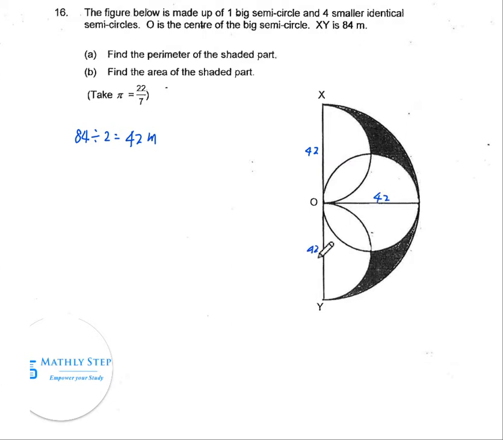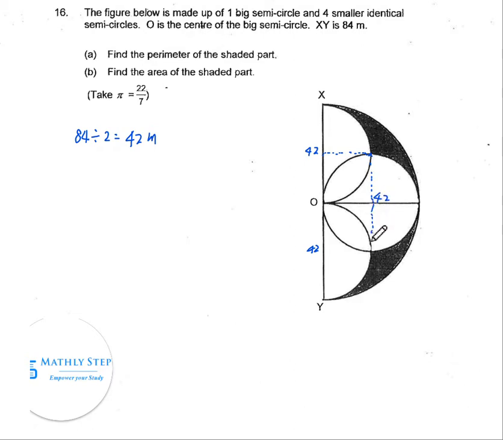This is also 42. Because these semicircles are all identical, from here we draw a line to the middle of SO. This part will also be the radius of the small semicircle. And here to here as well.